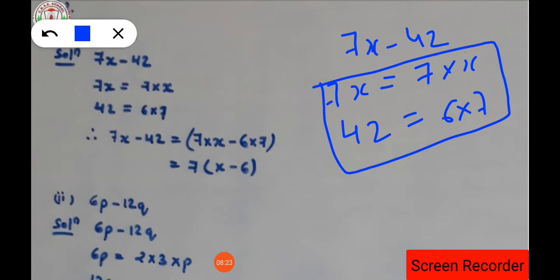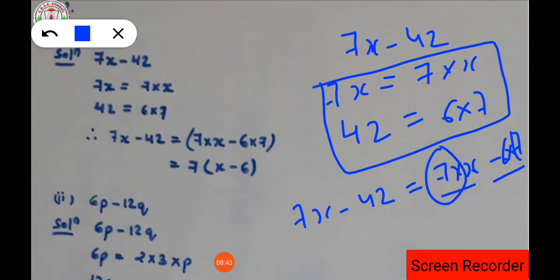Now in place of these numbers we have to replace them. That means 7x minus 42 is equal to 7 into x minus, from the question, 6 into 7. Now look here, what is common in these two terms? Common is 7. 7 is common in both the terms, so we can easily take out 7 common here.